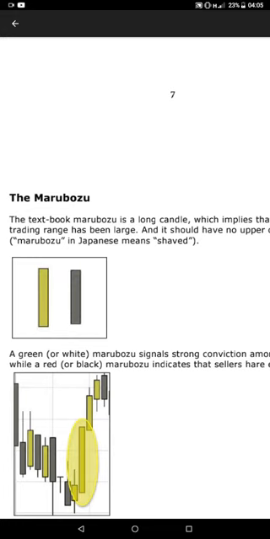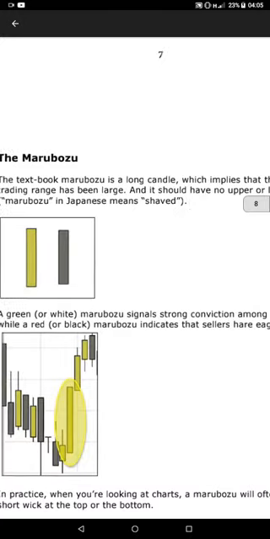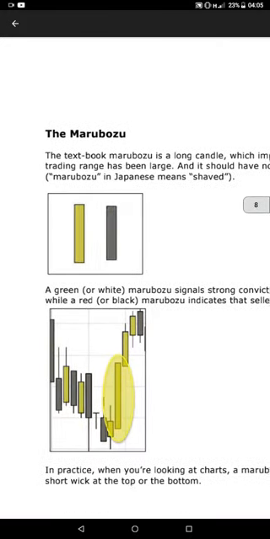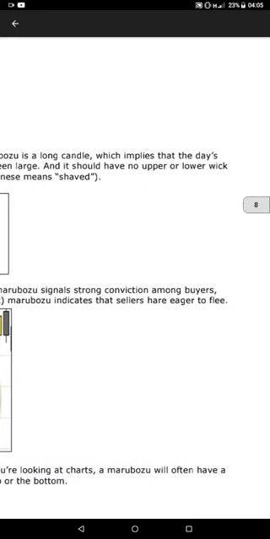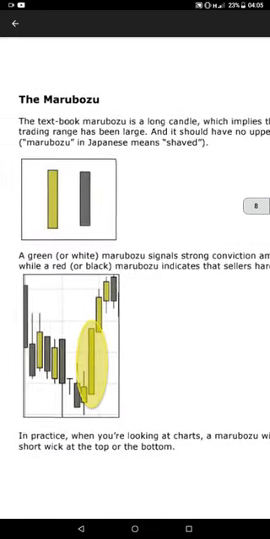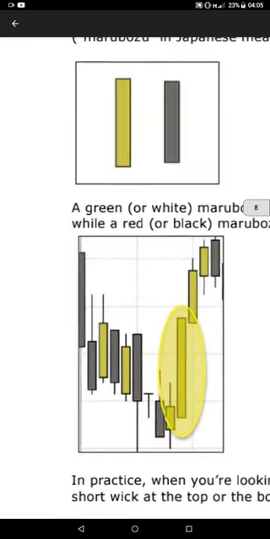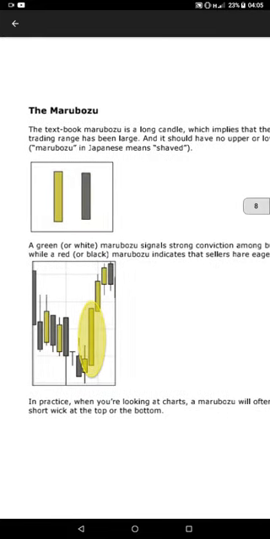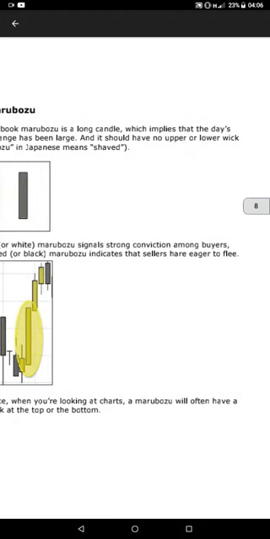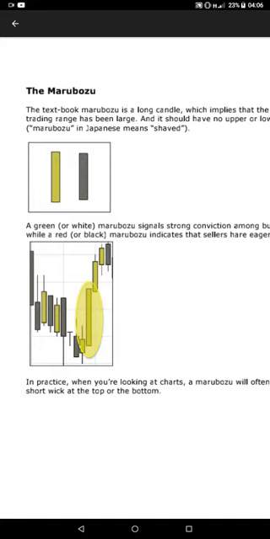A green or a white shaved candle signals strong conviction among buyers, while a red or a black one indicates that sellers have the edge. In practice, when you are looking at the chart, a shaved candle will often have a short wick at the top or the bottom, guys.